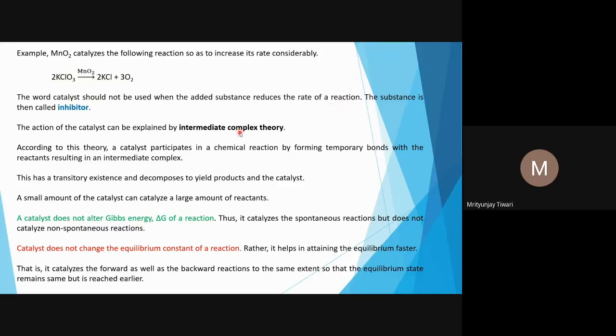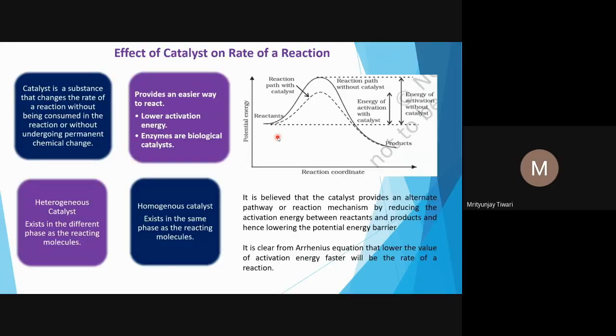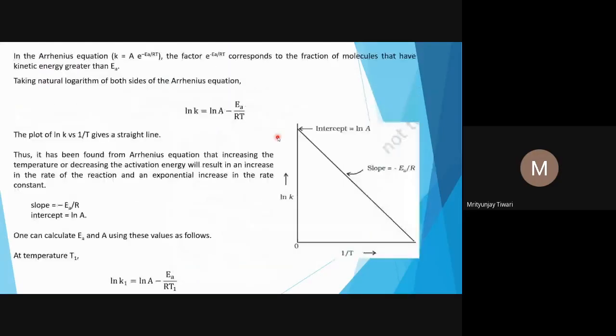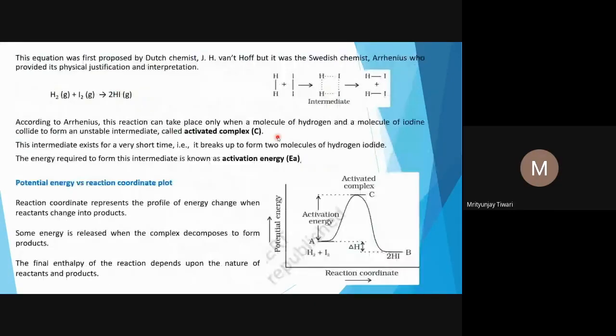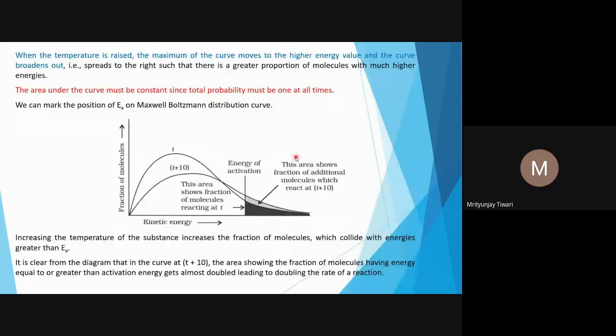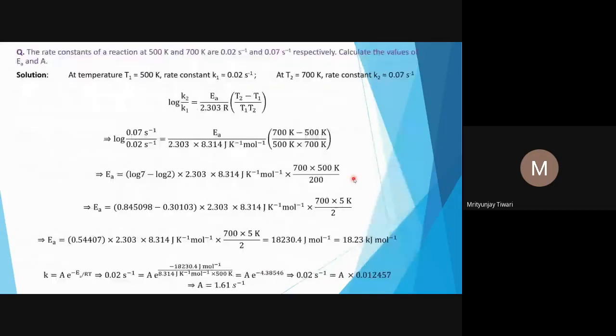So if a substance decreases the rate of reaction, it is not a negative catalyst, but a reaction inhibitor. The action of the catalyst can be explained by the intermediate complex theory that we have seen earlier. The catalyst associates with one or some of the reactants, and it forms an intermediate.